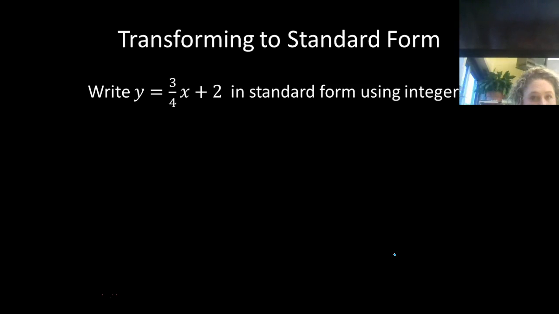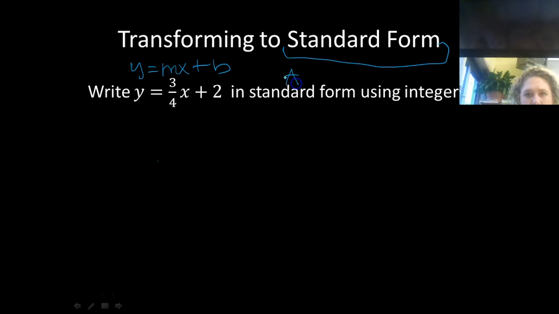Today's lesson is transforming your equation from slope-intercept form to standard form. Slope-intercept, once again, is what we did the other day: y equals mx plus b. We're going to put it into standard form, which is ax plus by equals c. You do need to know the difference of the two, which form is which.